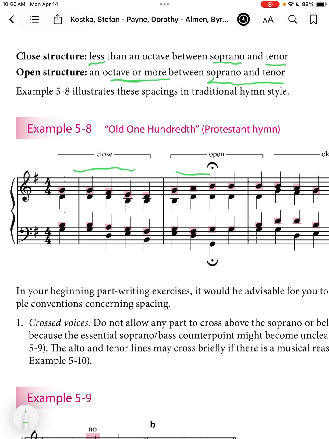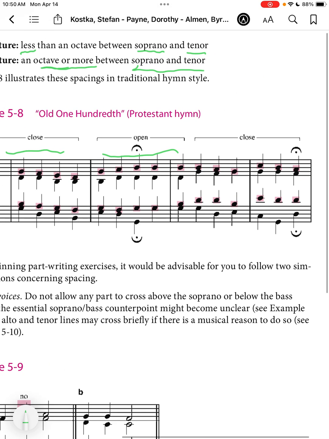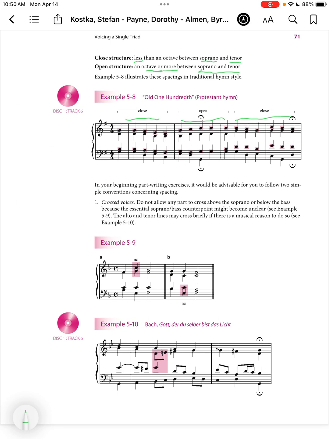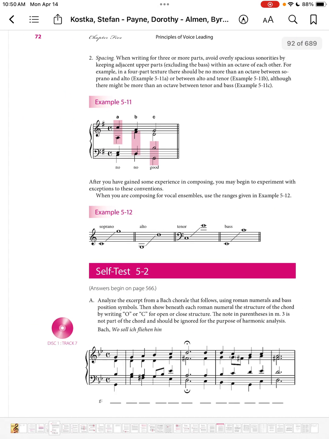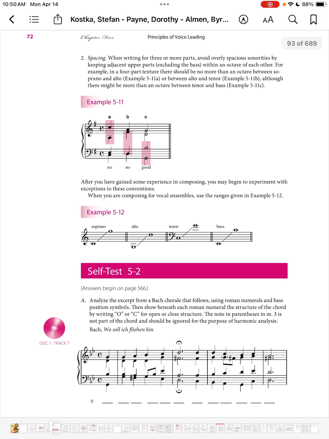It shows you open is all this, and it backs up to close right here. Spacing is what you want to watch.